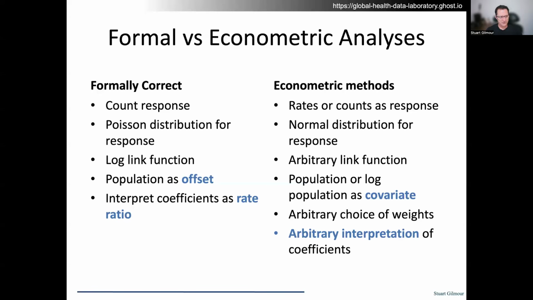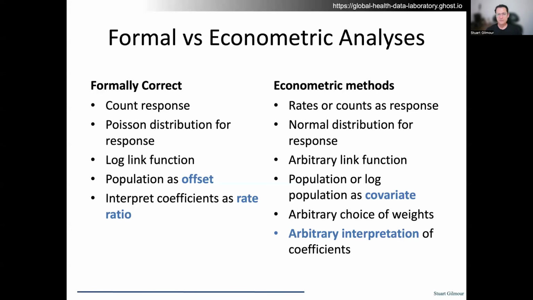In the formally correct approach, we have a log link function, which links that mean which drives the Poisson distribution to a linear expression. But in econometric methods, the link function is arbitrary. It can be the identity, can be a log. Sometimes it's an inverse hyperbolic sine transform. It's arbitrary. In the formally correct approach, we use population as an offset in the model.